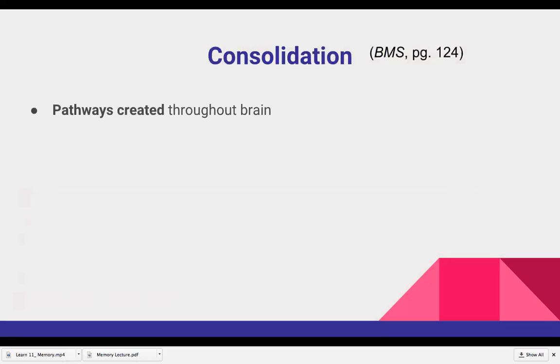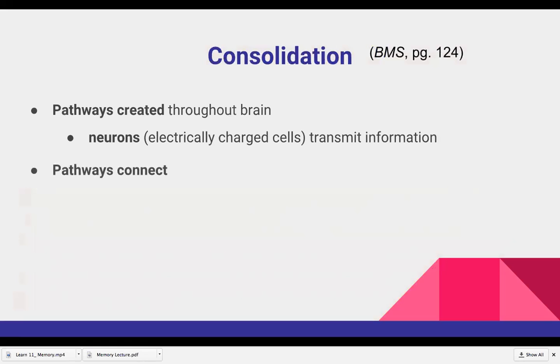So consolidation creates the pathways for the information to travel from one side of the brain to the other. And these neurons are the ones that are transmitting the information. They're basically the speakers from one to the next, letting each other know what's coming. And these pathways, if we have an existing pathway, meaning if we have learned something, we have prior knowledge, for instance, the apple, okay?